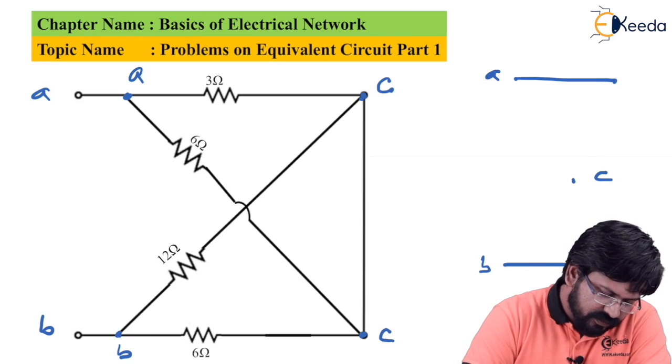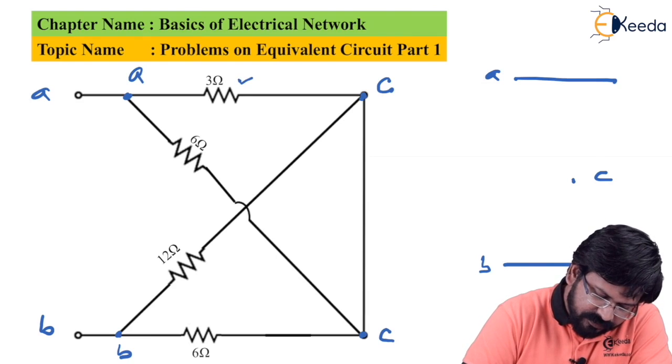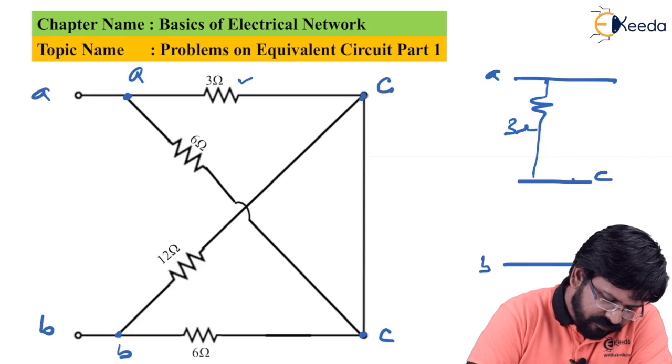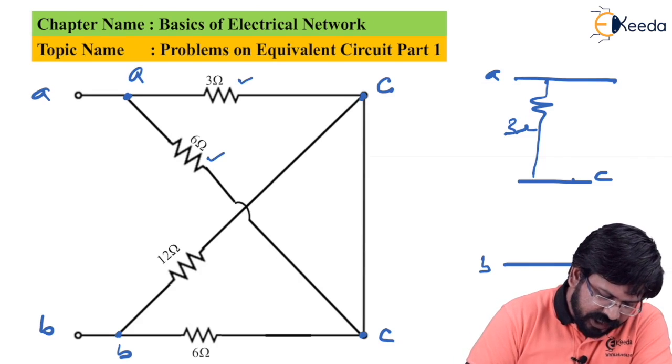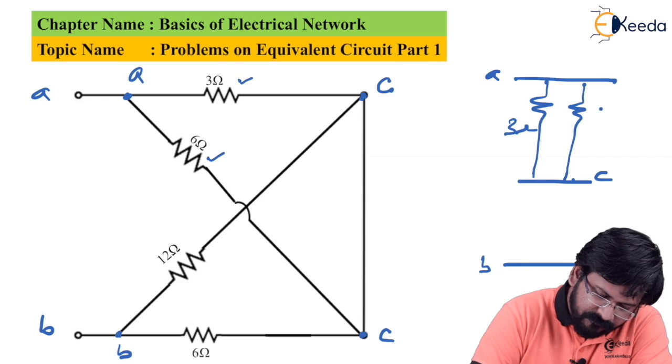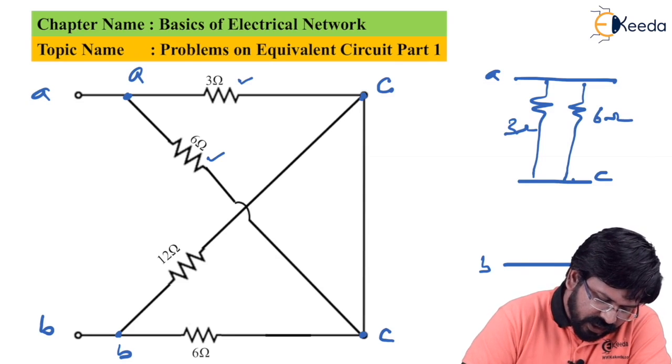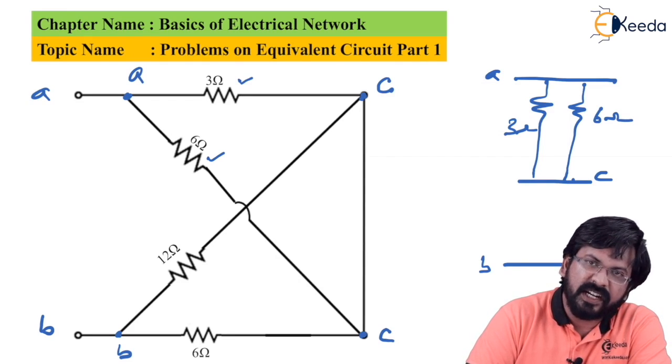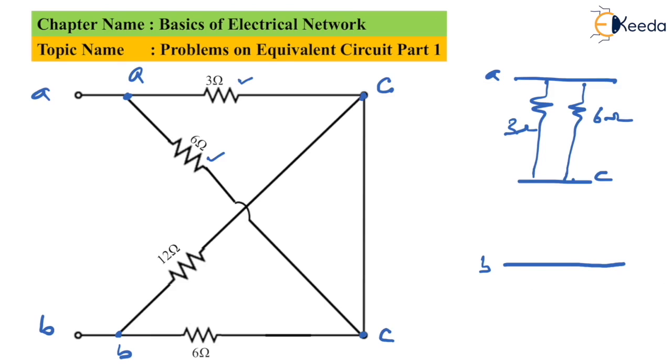So this 3 ohms is connected between A and C. 6 ohms is connected between again A and C. After that, 12 ohms is connected between B and C. And the remaining 6 ohms is also connected between B and C.